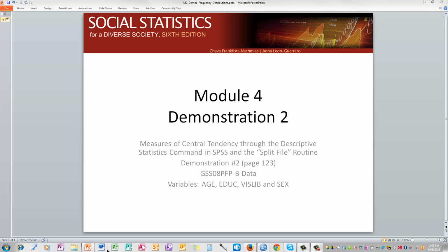Also, we're going to go over how to split a file in SPSS so we can start to make some comparisons with regard to differences in age and educational level between, for example, men and women, right? Differences in age and educational level between those who support or oppose the death penalty. We can start to look at that through the split file routine, okay?